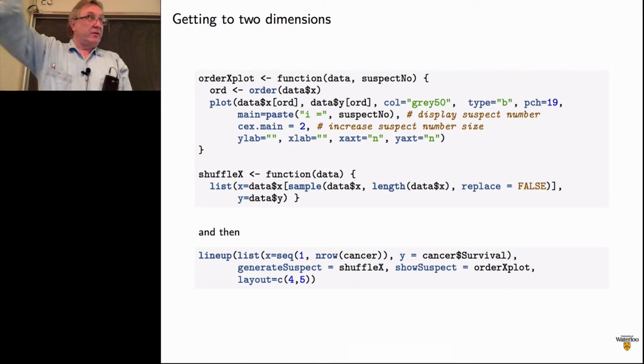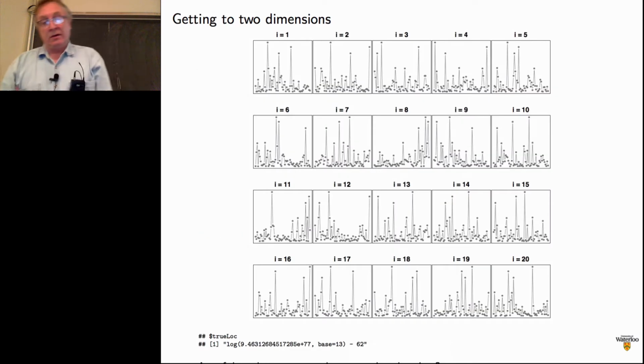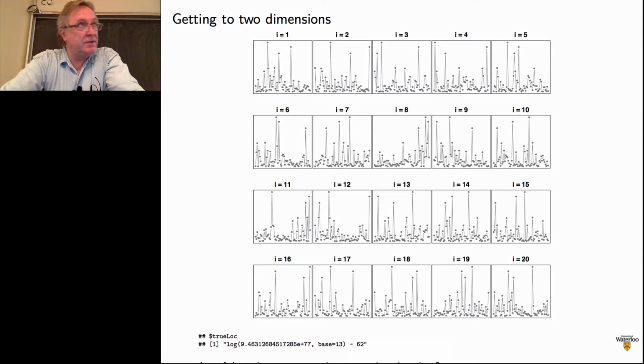It shouldn't matter, right? The order that the observations were in the cancer data set. Did they come in some peculiar order? So let's look at that. So those are the plots I have. The question is, which, if any, which one of these things is not like the others?